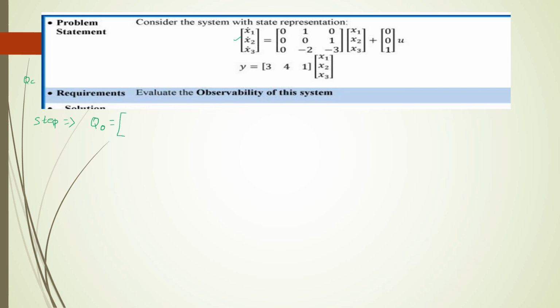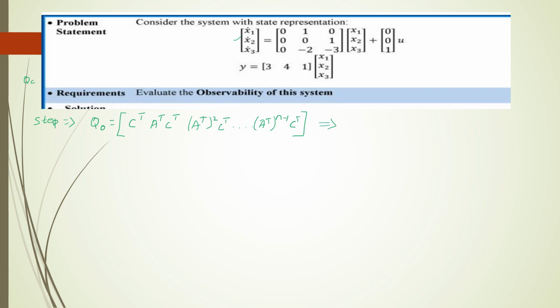For this, we have a formula: C transpose, A transpose C transpose, then A transpose the whole square into C transpose, and it goes on up to A transpose to the power n minus 1 into C transpose. This is the actual formula to form your QO matrix.